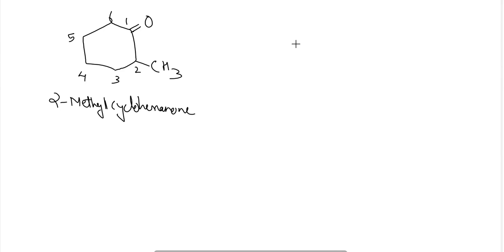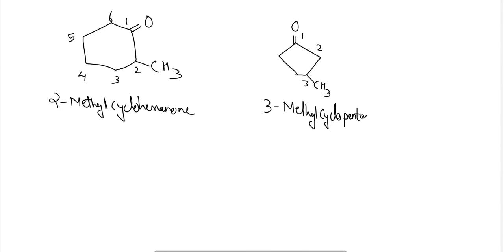If I take one more example, a double bond carbon atom here with a CH3 here. So the first will be this one, 2, 3. So the name of this compound will become 3-methyl cyclopentanone.